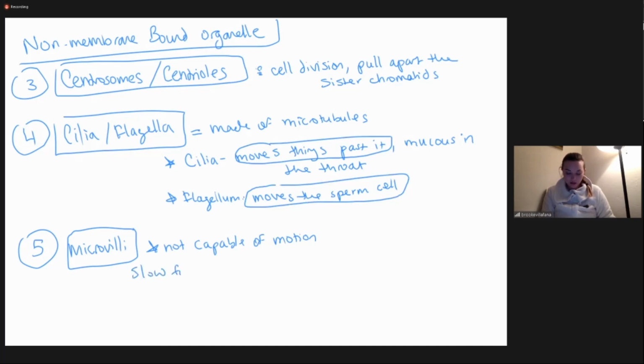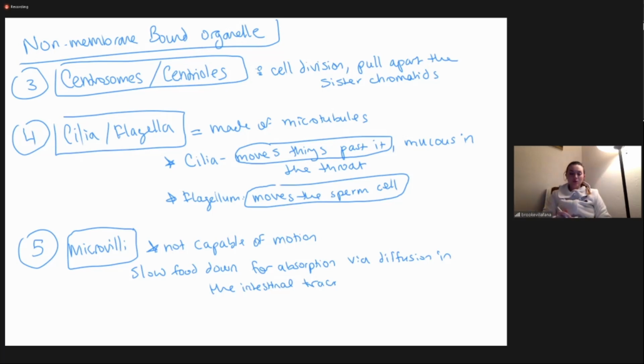They slow food down for absorption via diffusion in the intestinal tract. So when you eat food, this allows food to be absorbed. Microvilli are made out of microfilaments.